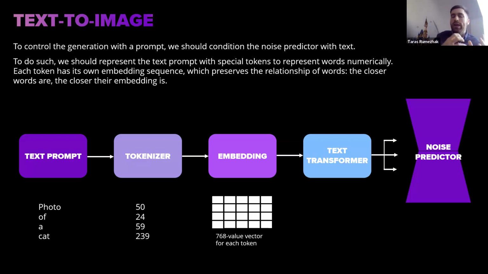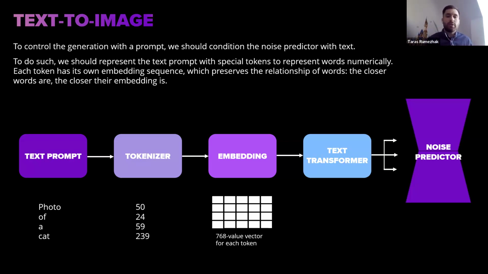After that, we have the embedding layer. The tokenizer output is still just different numbers, and the prompt can be of a different size, so the number of tokens will be the same as the number of words in the prompt. But why we need embedding is to have a unified representation of the whole prompt itself.